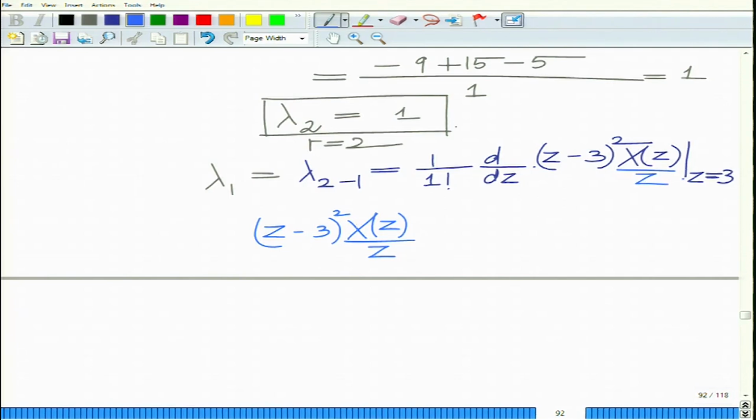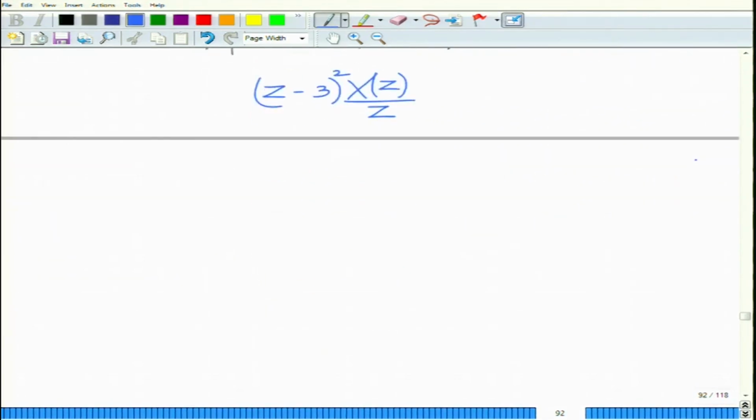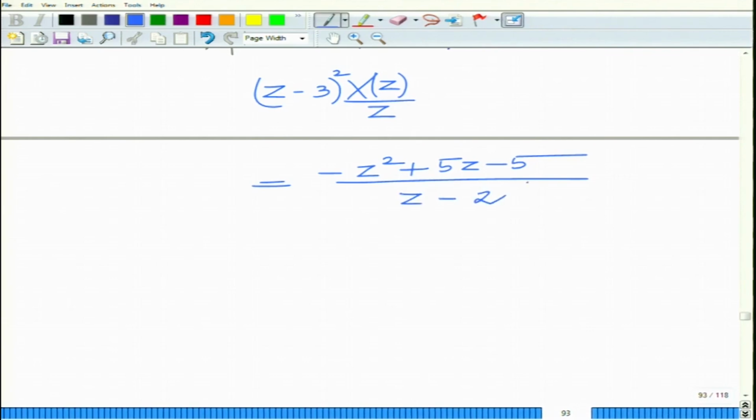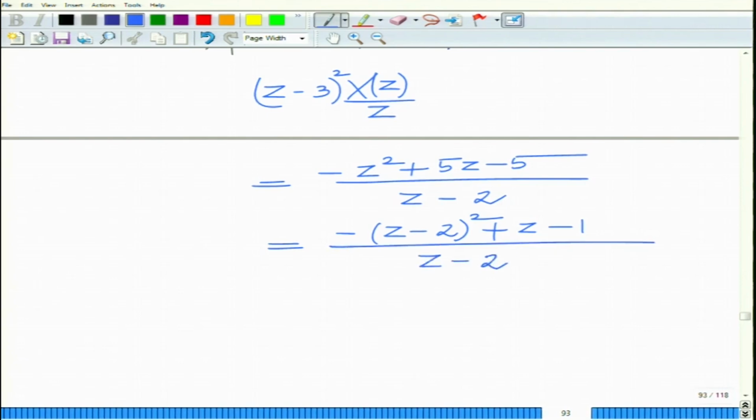This quantity is minus z square plus 5z minus 5 divided by z minus 2, which you can write as minus z minus 2 whole square plus z minus 1, divided by z minus 2.